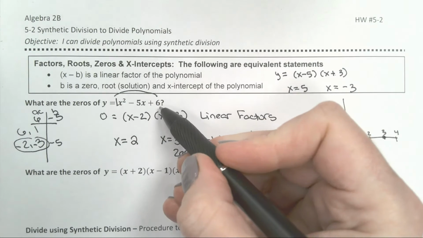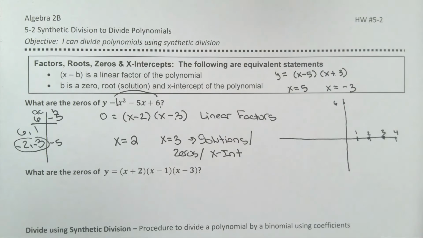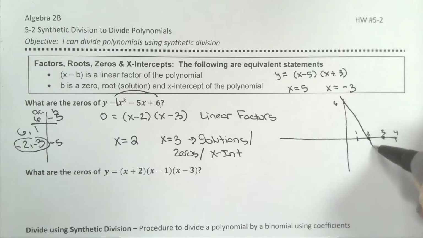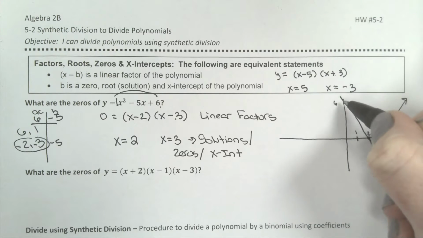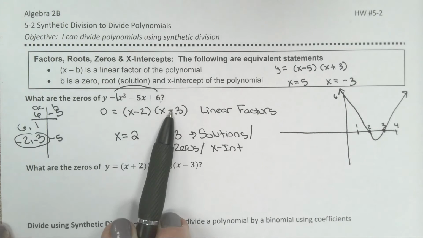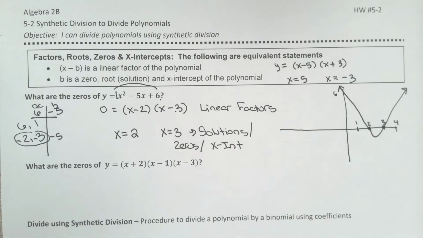And then my y-intercept is right here at 6. If I were to try to sketch this out, it's going to be ugly, and it looks something like that because that is not drawn to scale. But that is how you can use a combination of factor form and standard form to sketch yourself a graph.